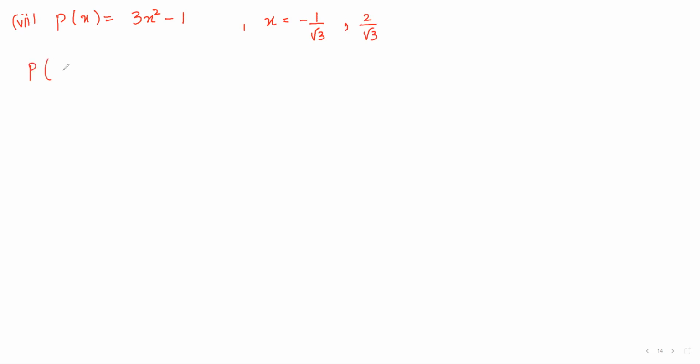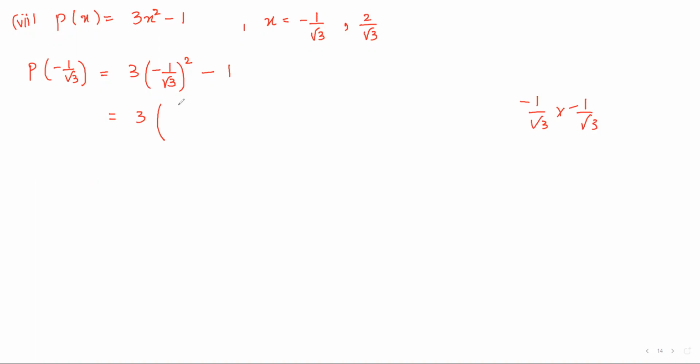So P at x is equal to minus 1 by under root 3. That means 3 into, now put minus 1 by under root 3 whole square, and minus 1. That becomes 3 into minus 1 by under root 3 into minus 1 by under root 3. So minus minus will become plus.